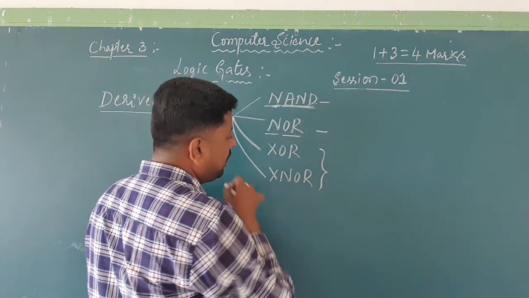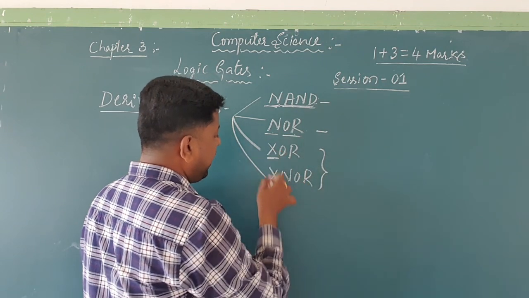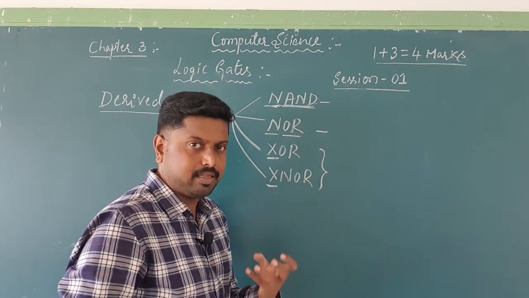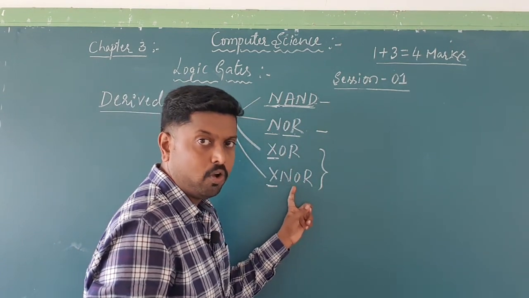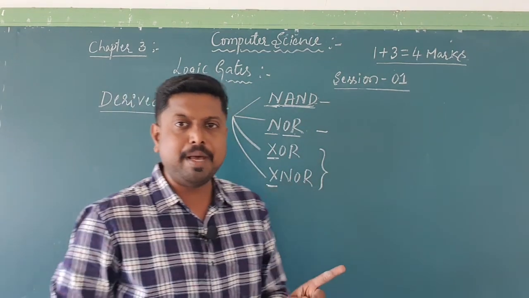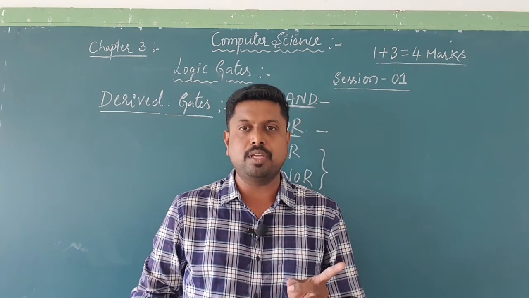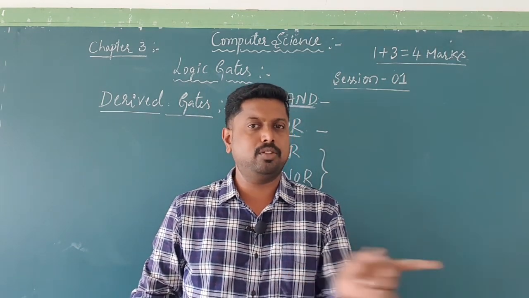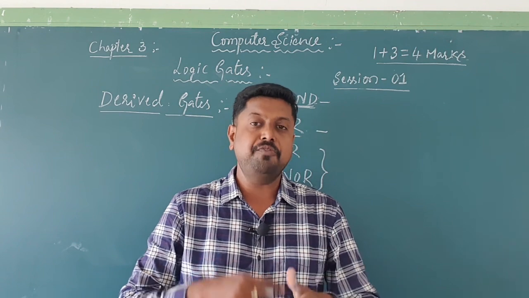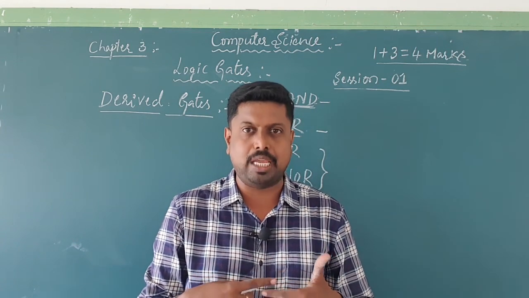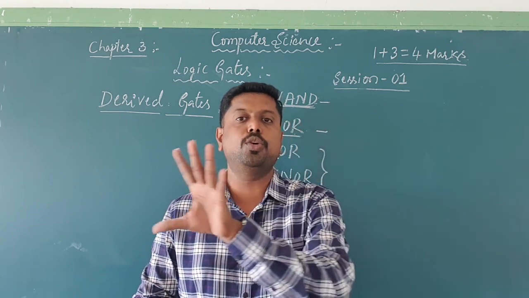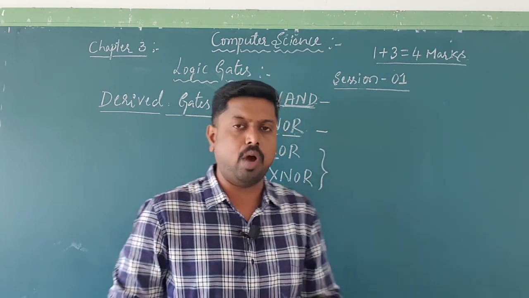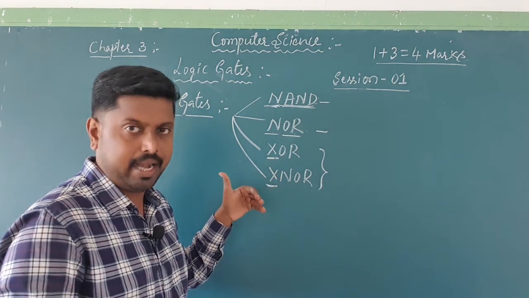And these two are the exclusive gates. Here X is represented, that is exclusive. Why do we call these two gates exclusive? Because the possibilities of the inputs we give should be exclusive. There are no combinational inputs. We follow some procedure to give the inputs. That's why that type of input is exclusive. Later I will discuss the inputs of XOR and XNOR.